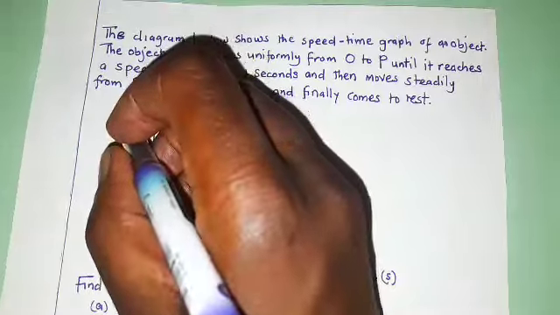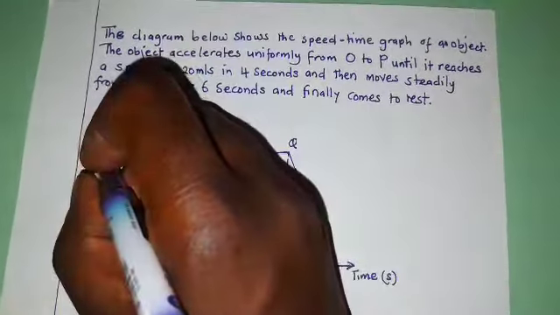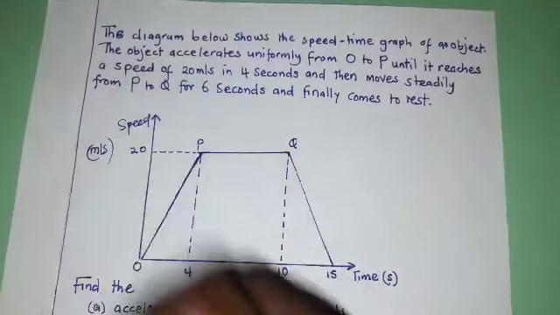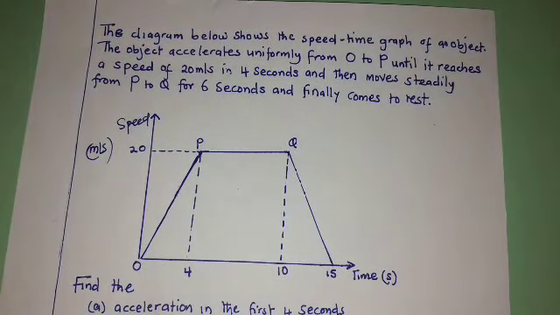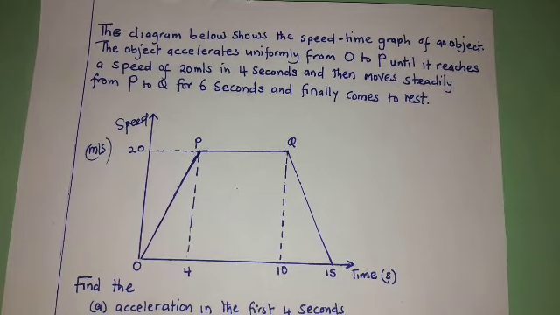As you know, speed is in meters per second, in 4 seconds, and then moves steadily from P to Q for 6 seconds, and finally comes to rest. So that's what this diagram is showing.